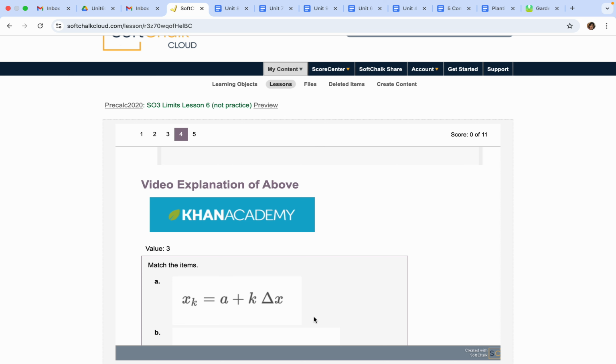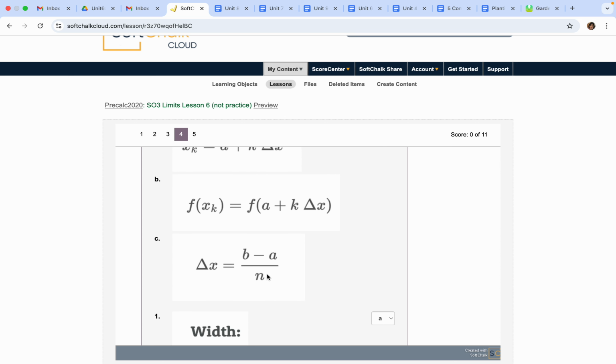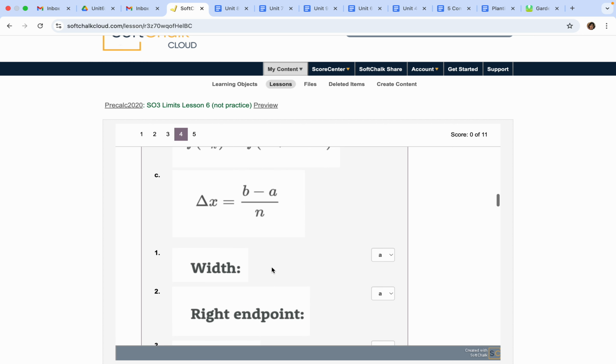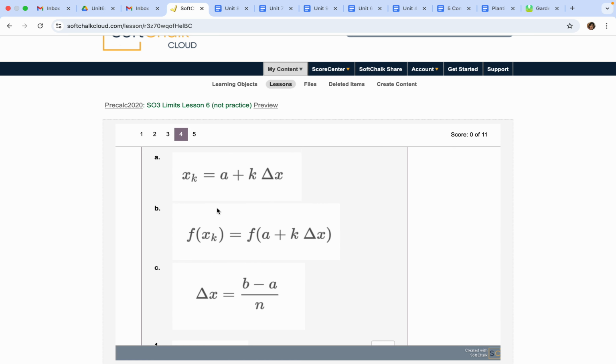All right, so I think you can see that the width of the rectangle is always going to be the change in x. The right endpoint is going to be however many times I go over there, because the right endpoint is over here.